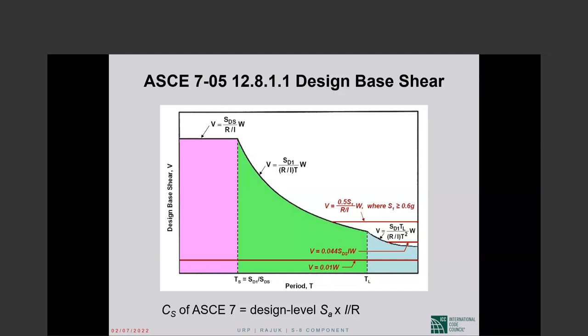This minimum is applicable in all seismic design categories.